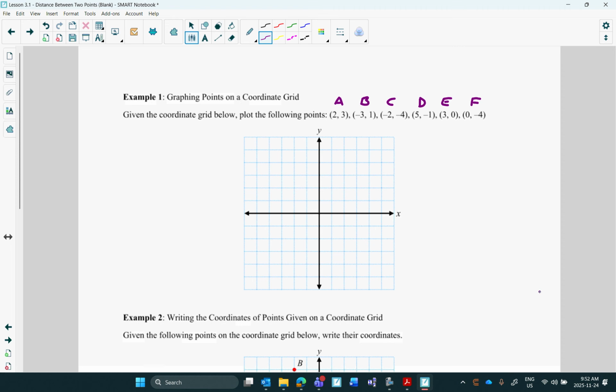Start at the origin and do your horizontal and vertical count. For example, if I wanted to plot 2, 3, start here. 2 means go 2 to the right. 3 means go 3 up. There's point A. Etc.